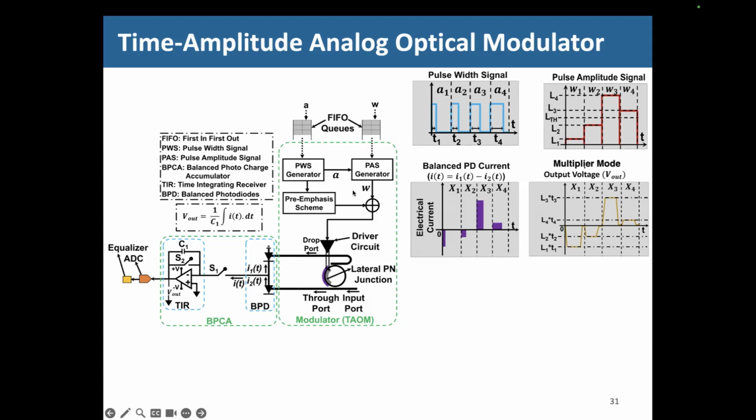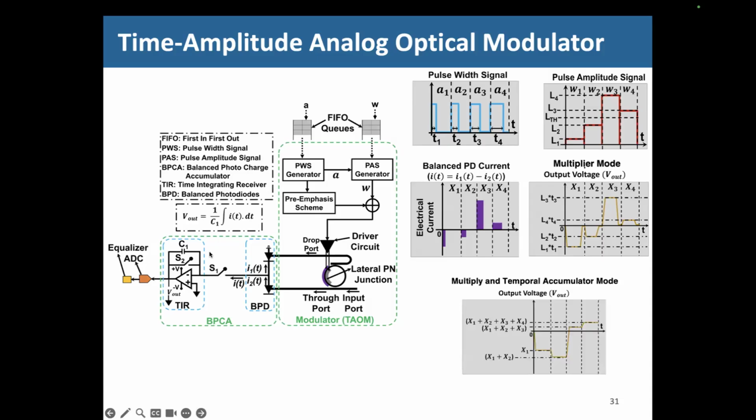This would be a pulse width amplitude modulated signal, so the area under the curve of this signal represents the multiplication result, and that area can be transduced into voltage by using a TIR over here, right? Or if the sampling rate is way slower than the operating data rate over here, then you can operate it in a temporal accumulator mode as well, and you can achieve a temporal accumulation result at the end.